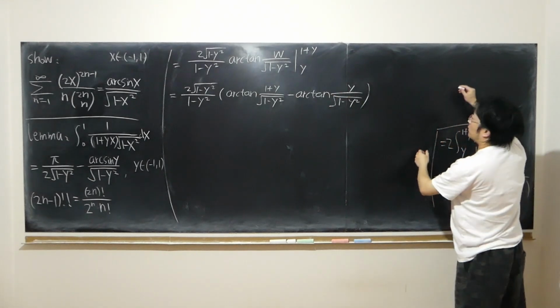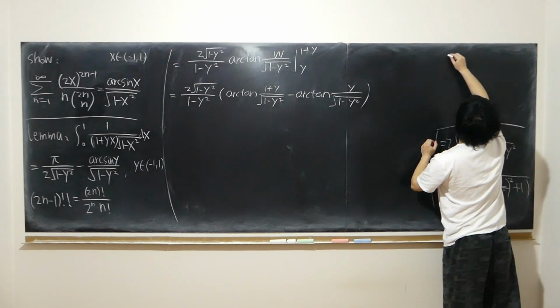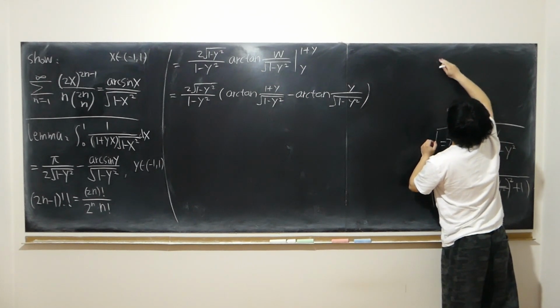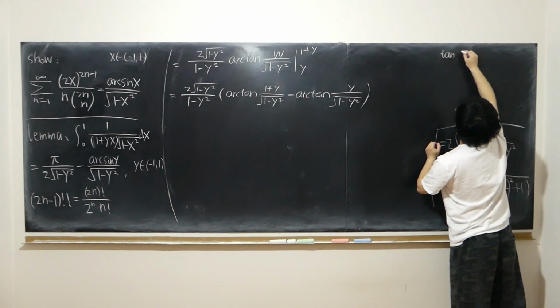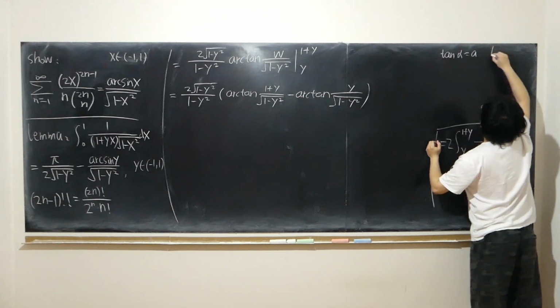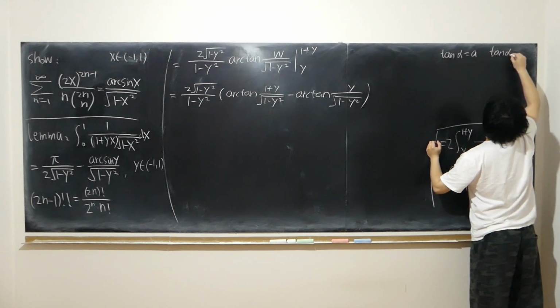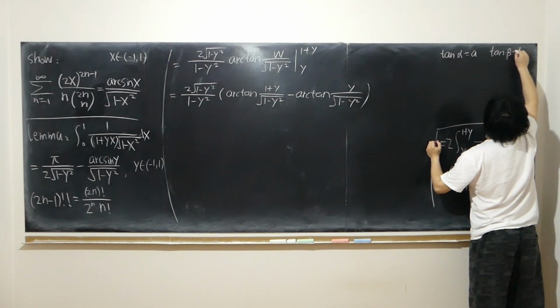Right? We always have this. Let's say we have tangent alpha equal to A, tangent beta equal to B, let's say.